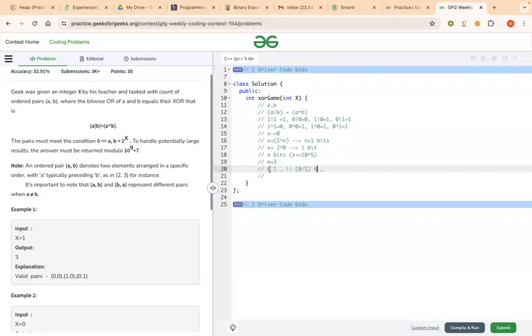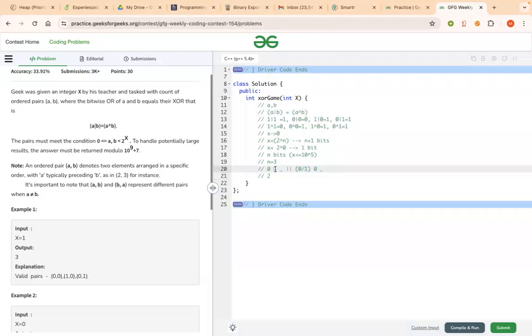At any position, what all options are there? If you place a 0 or a 1, we have two options on the first position and on the second position. Similarly, we have three options here.